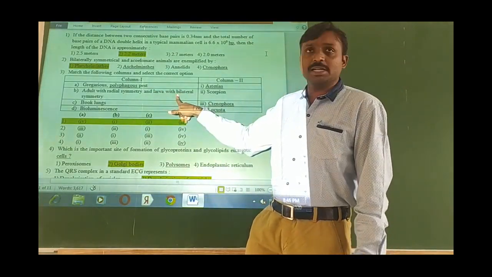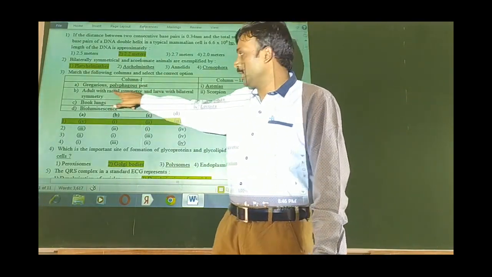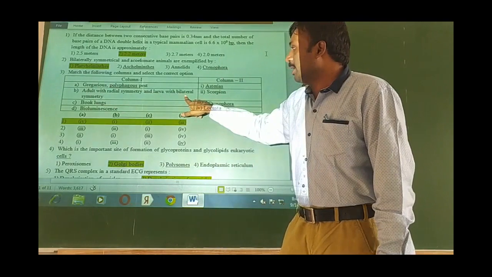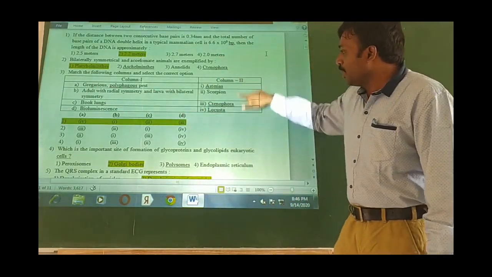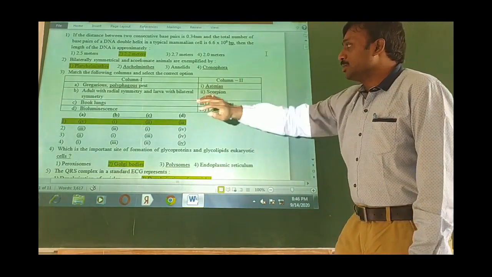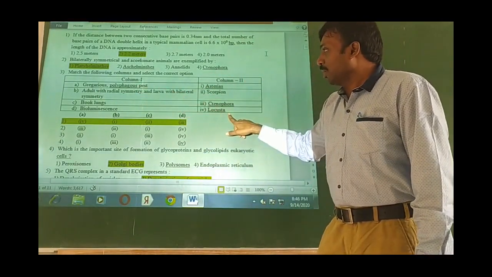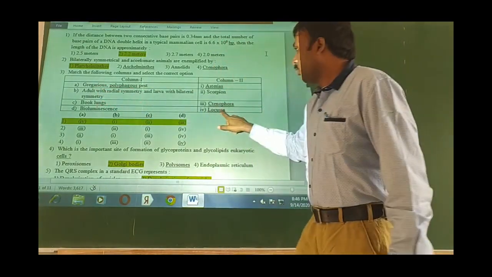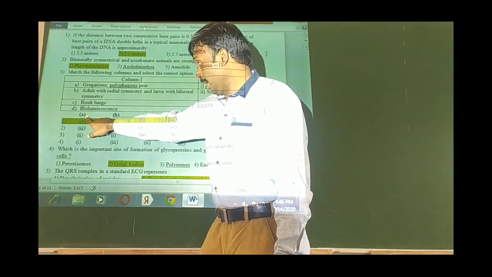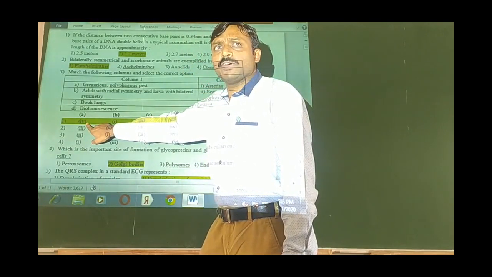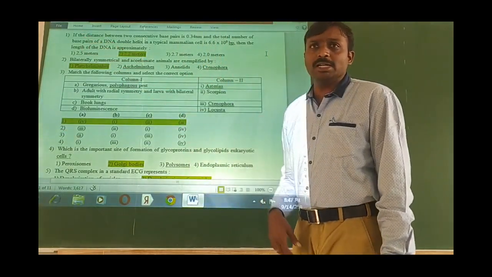Let us say we don't know this one. The pest we know is Locusta, so A4. If we go through the options under A, only the first option shows 4, so blindly you can mark this as an answer.